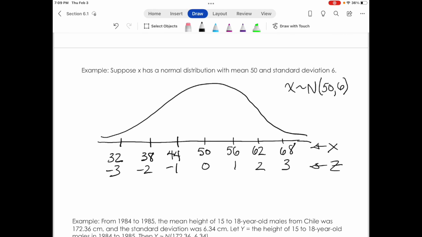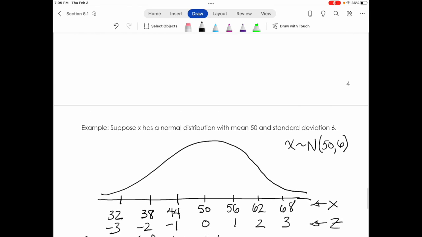So what this tells me is we can interpret it like this. Approximately 68% of the data is going to lie between 44 and 56.